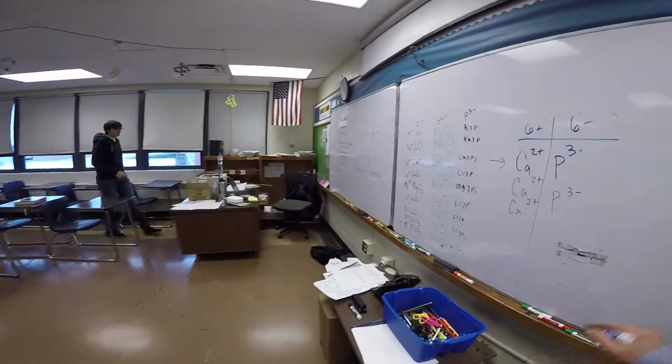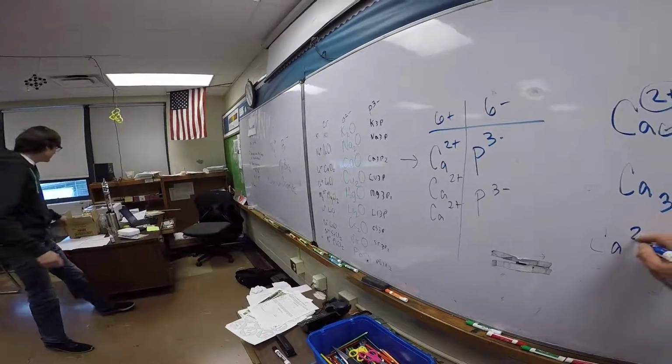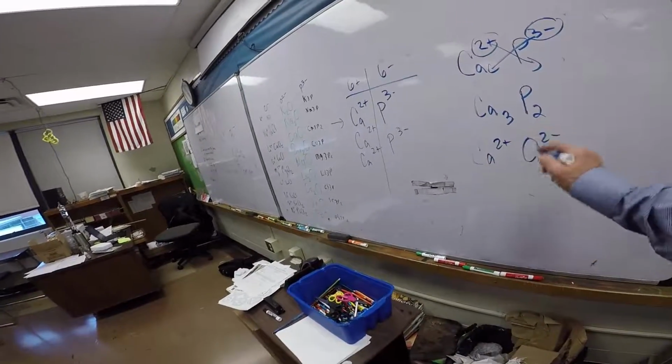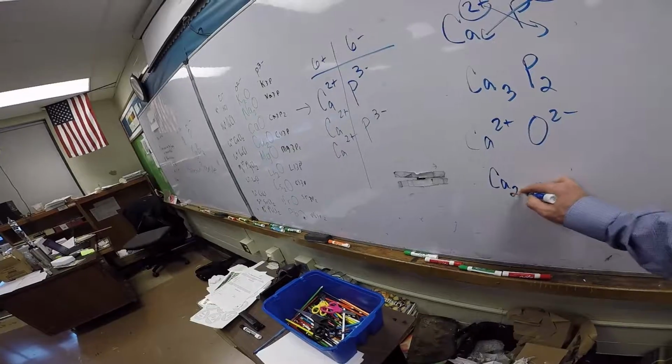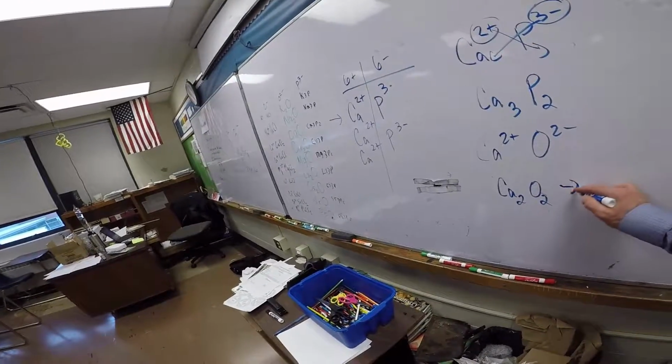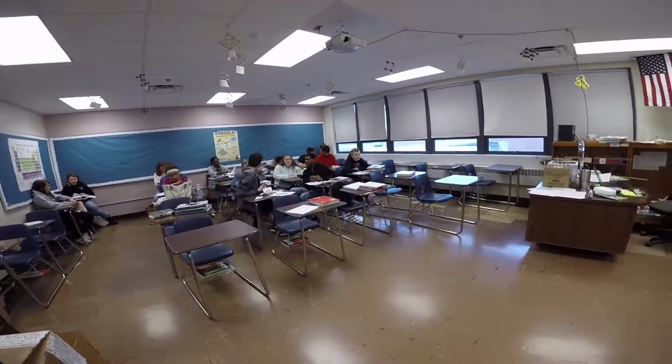Like if you had Ca and O2 negative, you're going to have to reduce that. If you crisscross this and you said Ca2O2, that's not right. It's going to be CaO. So keep that in mind. There's no one method that's foolproof.